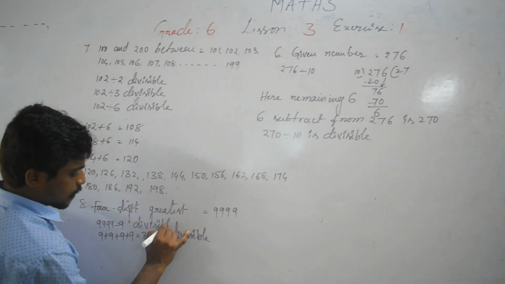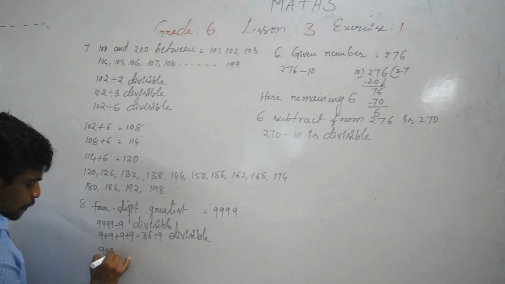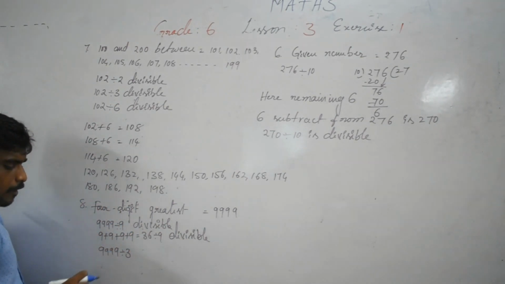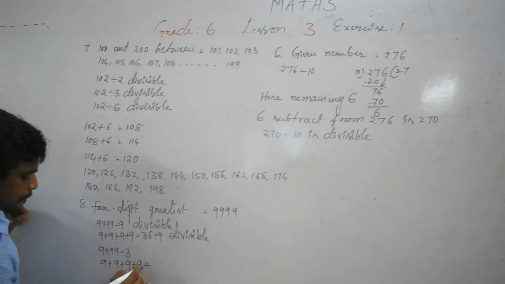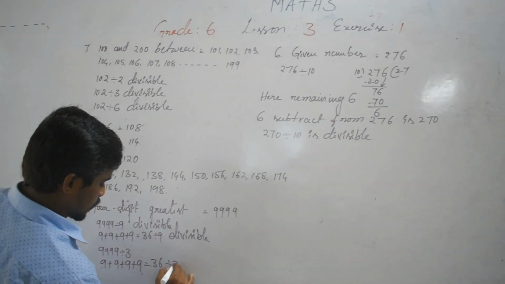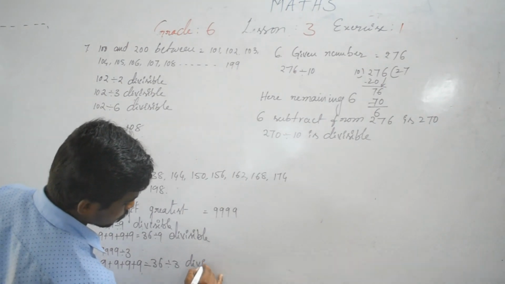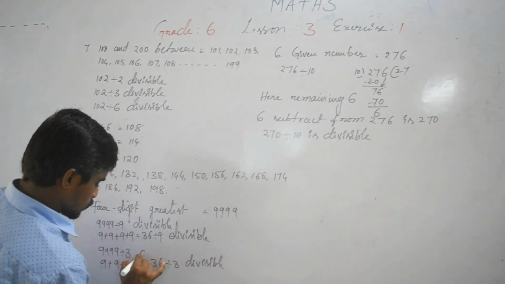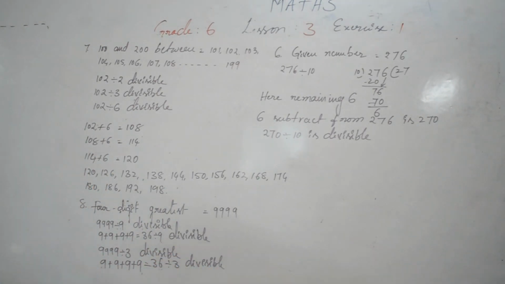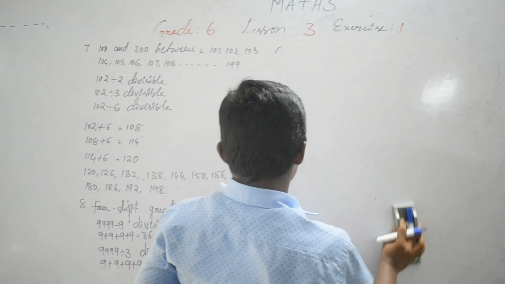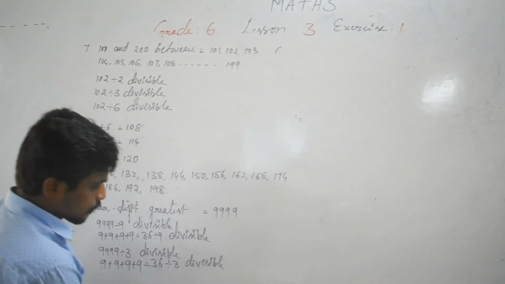So this is divisible by 9. Next, they are asking whether this number is divisible by 3. Check. 9 plus 9 plus 9 plus 9 is 36, divided by 3. Divisible. So what do you observe here?